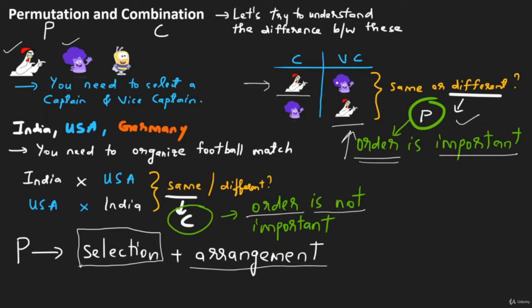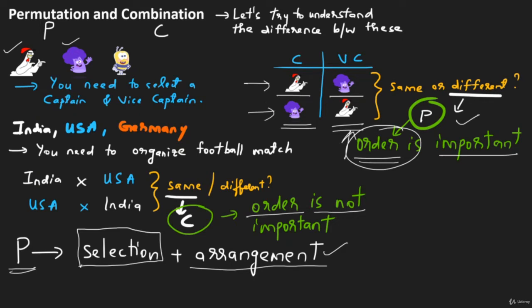Over here, we have hen in the position of captain and we have broccoli in the position of vice captain. And in the second instance, we have broccoli as the captain and hen as the vice captain. So permutation involves selection and arrangement, and that's because order is important. That is why arrangements of the same items in two different ways actually give us two different results.